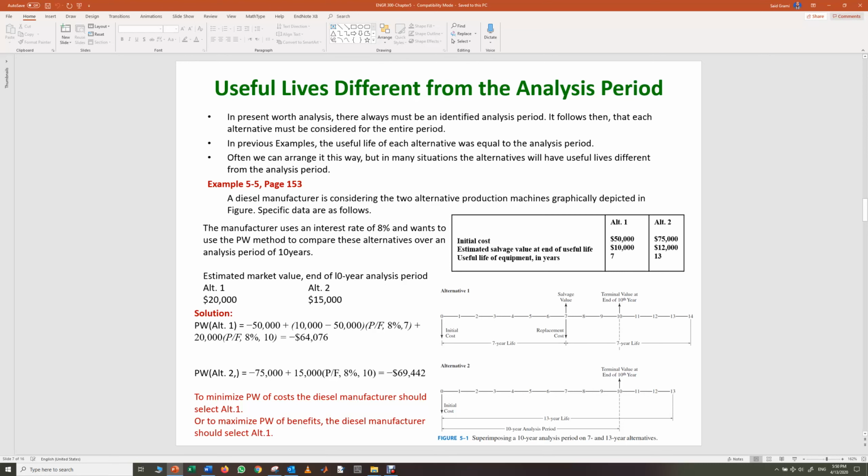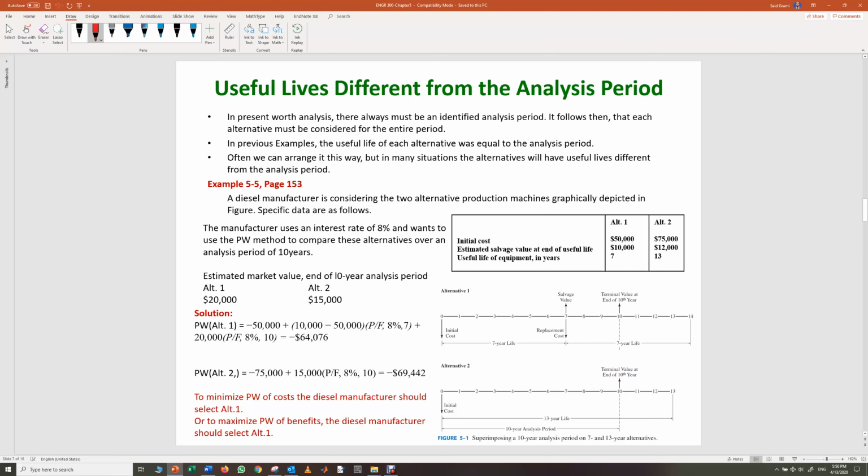The initial cost for alternative 1 is $50,000. The initial cost for alternative 2 is $75,000. Estimated salvage value at the end of useful life is $10,000 for alternative 1 and $12,000 for alternative 2. And useful life for equipment in years.